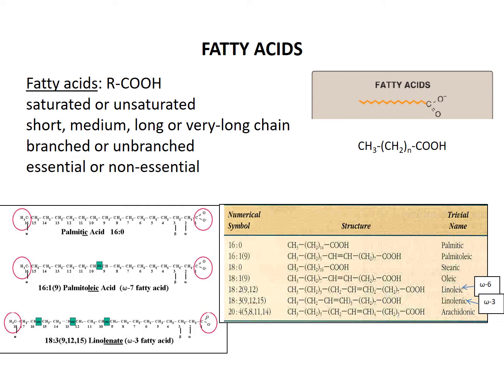So fatty acids are long chain, short chain, or medium chain apolar species, with a carboxyl group to give a little polarity to the fatty acids. We have saturated and unsaturated fatty acids, which means that this carbohydrate chain may or may not contain double bonds. We also have branched and unbranched fatty acids, and essential and non-essential fatty acids.